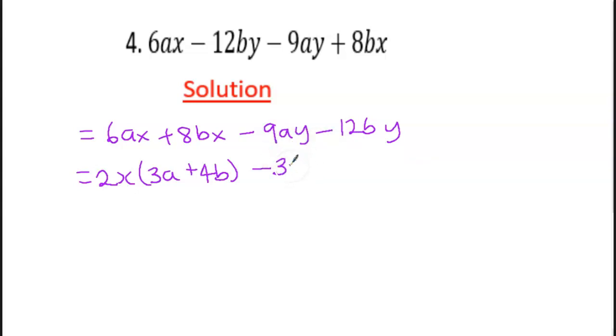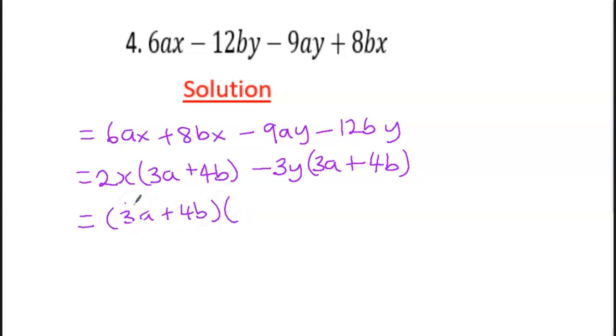The letter y is common, 3y. Then to go here, 3a plus 4b. So this is equal to, we have 3a plus 4b, 3a plus 4b. So you refactorize 3a plus 4b out, to be left with 2x minus 3y.